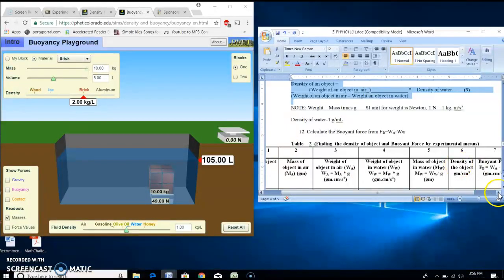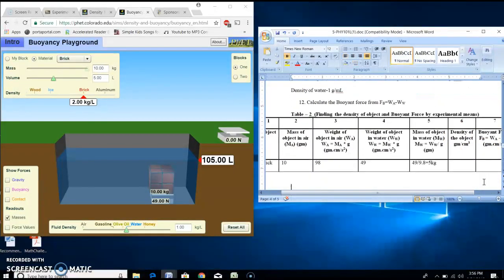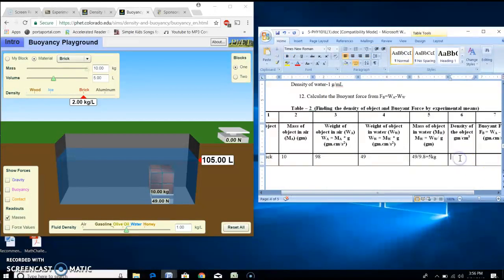So that's going to be 98 divided by 98 minus 49. That's going to be the density of the object in water.